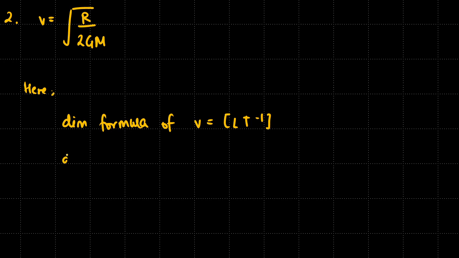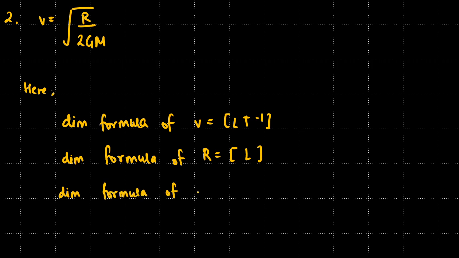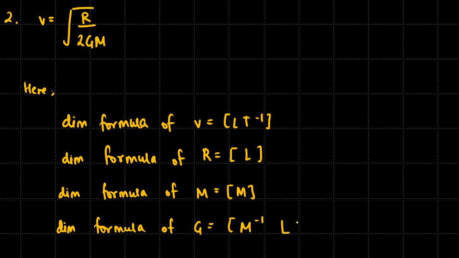And the dimensional formula of radius is a length, so it will only be L. And now let's do the dimensional formula of M. The dimensional formula of M, which is mass, will be M for mass. And finally, the dimensional formula of G, big G, will be M minus 1 L cube T minus 2.